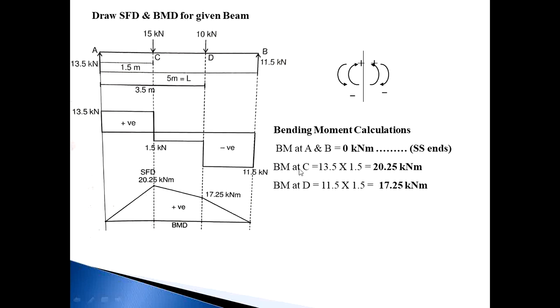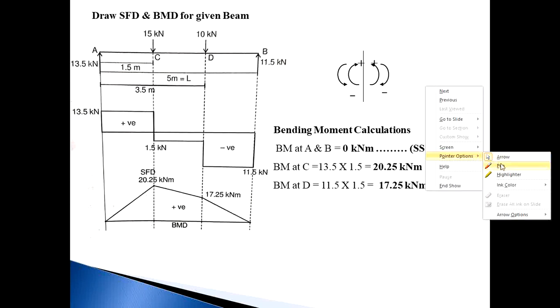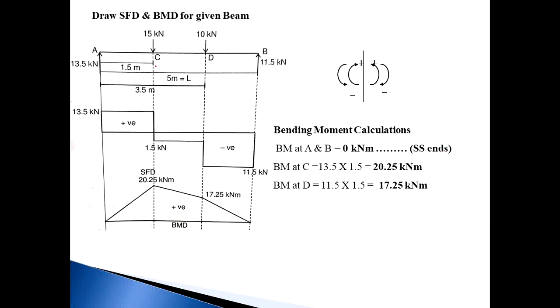So first, calculate the bending moment at C. When you calculate bending moment, you just consider a section exactly at C. In the last shear force calculation, we considered right or left of C. But when you calculate bending moment, you should draw the section exactly at point C. Due to that section, the beam splits into two parts, right of C and left of C. On the right of C there are two forces, that is 10 kilonewton and RB, and on the left side of the section there is only one force.